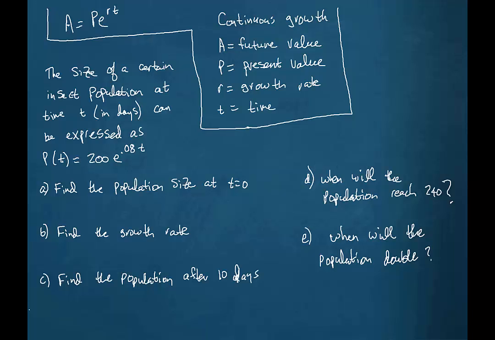The relationship here, A equals P times e raised to the rt, is the relationship for continuous growth. A represents the future value, P represents the present value, r represents the growth rate, and t represents time.